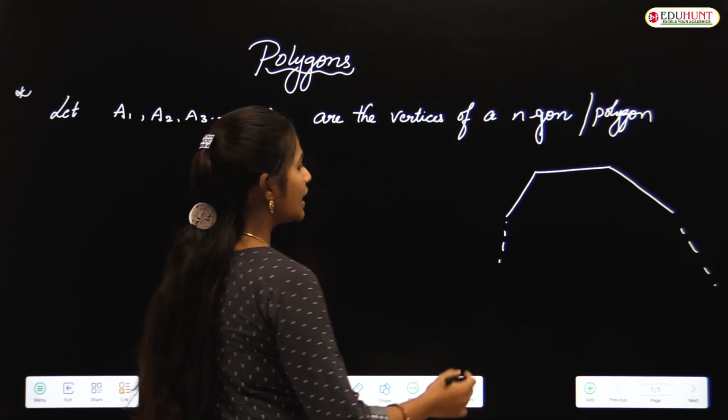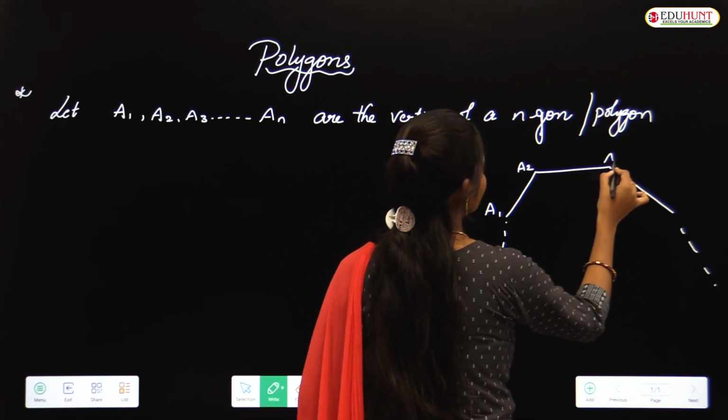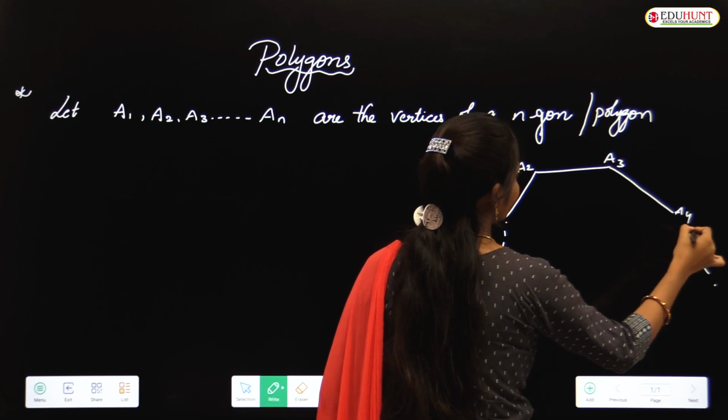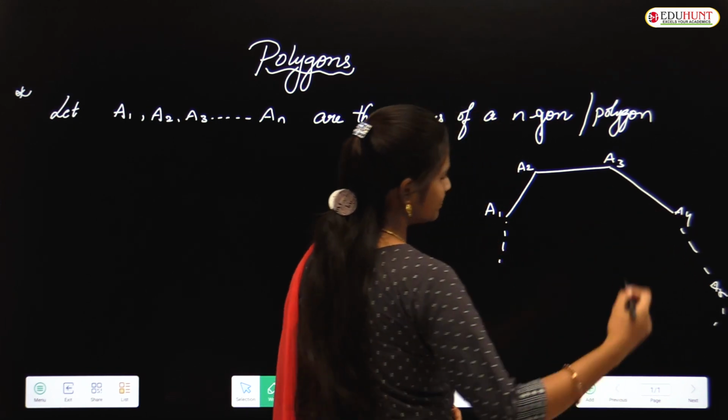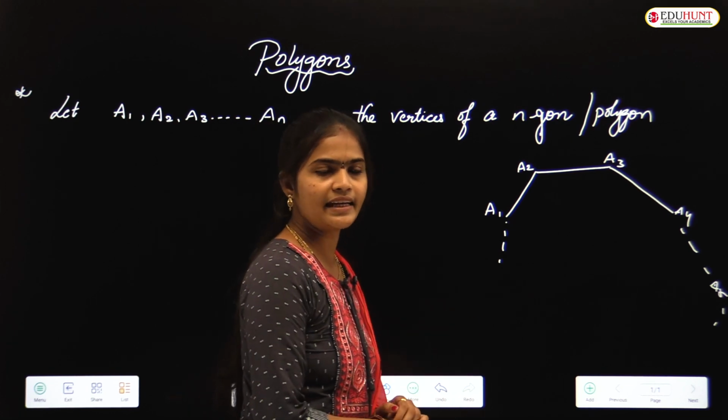Like this figure I have taken. So here this is A1, A2, A3, A4, A5 somewhere, up to the last one, AN. Somewhere we will get AN.